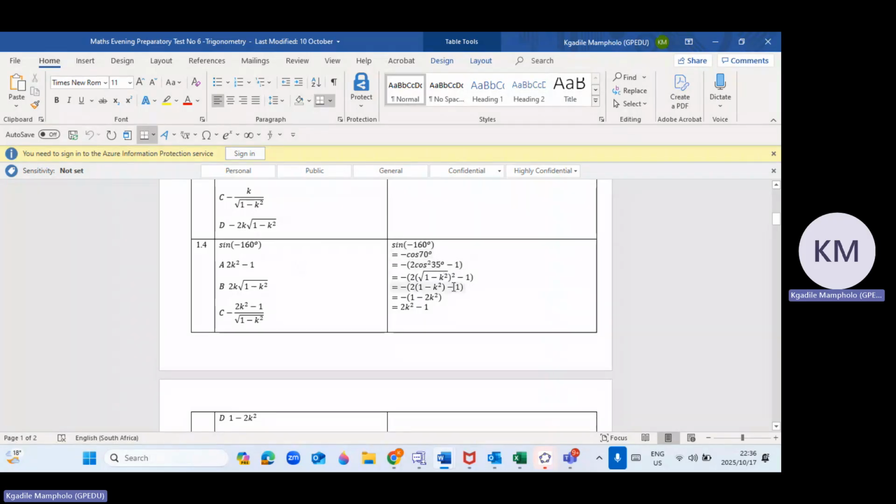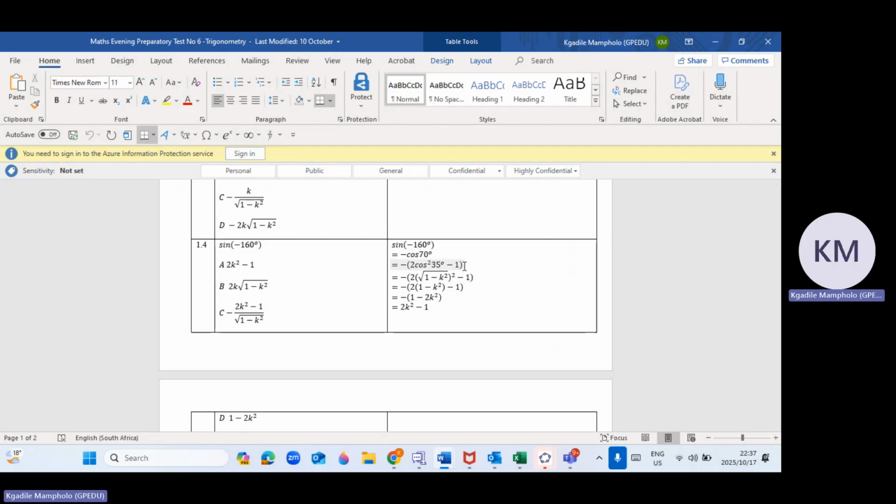Now, minus cos 70. The reason we say minus cos 70 is that to get 70 you must use a co-function: sine of minus, 90 degrees minus 70 degrees. Still in the third quadrant sine is negative, but because we used 90, it becomes its co-function, so it will be minus cos 70. Cos 70 is a double angle.